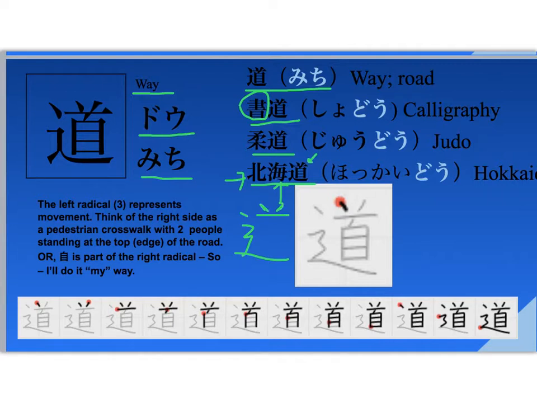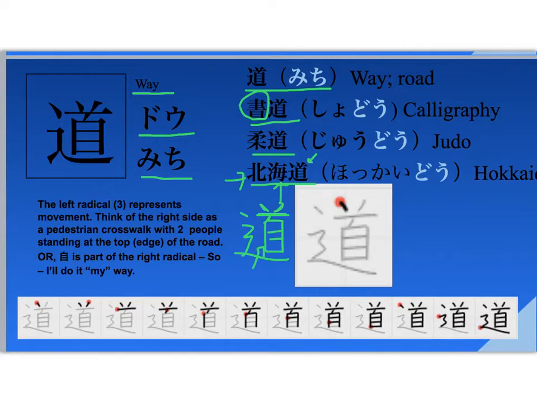So you have 1, 2, there's the edge of the sidewalk, and there's the pedestrian crosswalk right here, like this, okay? Or you can think of this portion of the kanji as jibun no ji. This is myself or I. And so you can think of it as, I'll do it my way kind of thing.